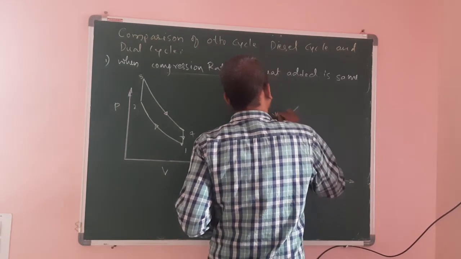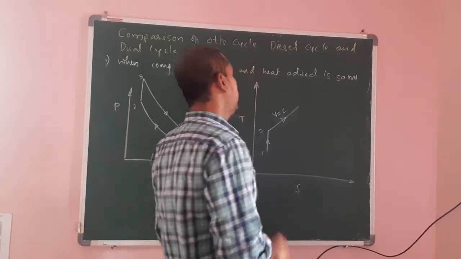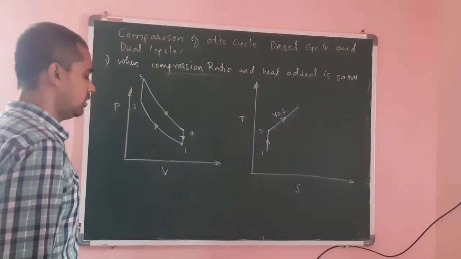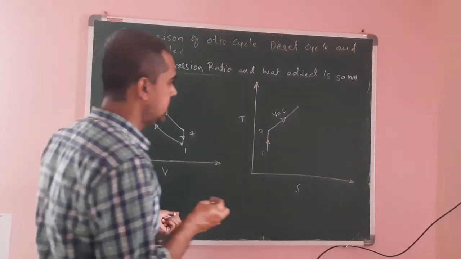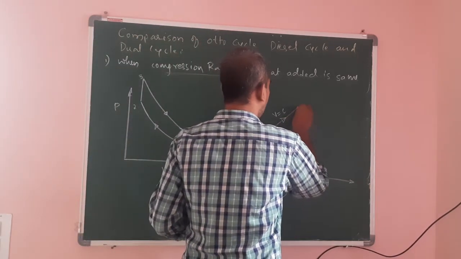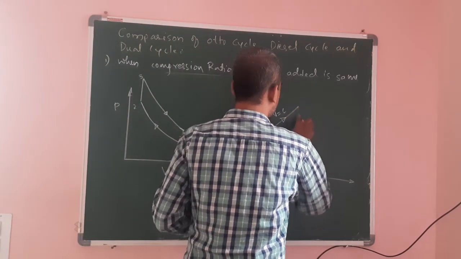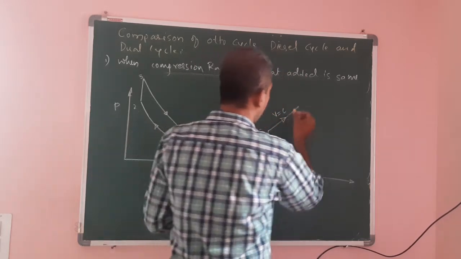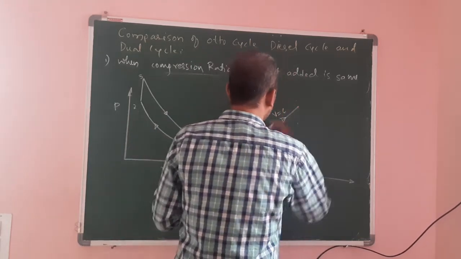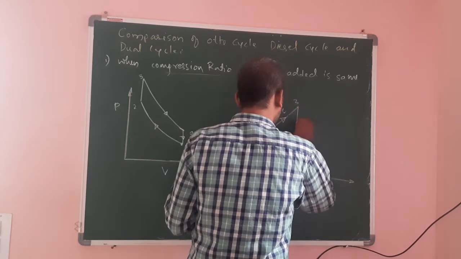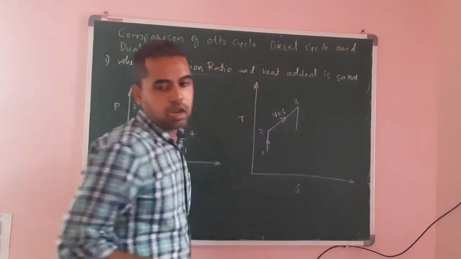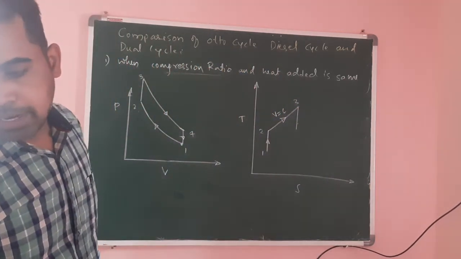Constant volume heat addition, 2 to 3. 3 to 4 is isentropic expansion again, and 4 to 1 is constant volume heat rejection.